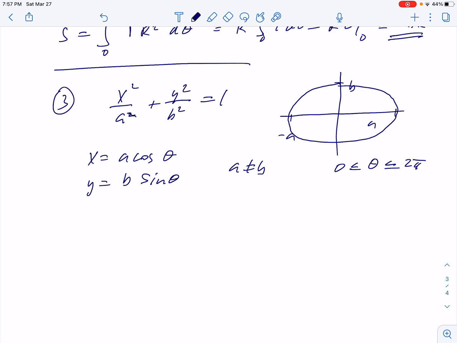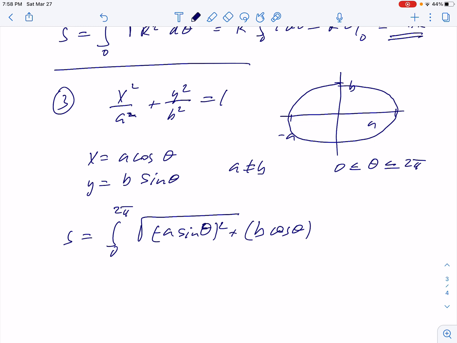Okay, what happens now to the arc length? s will be 0 to pi, square root, x prime will be negative a sine theta, all this squared, plus b cosine theta, all this squared d theta.